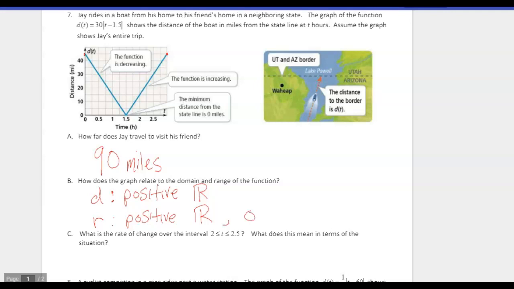We could also say maybe 0 is less than or equal to the number of miles. And it looks like it taps out here at 45. So if you really wanted to be specific, we could be. And you could do the same thing with the hours if you wanted.